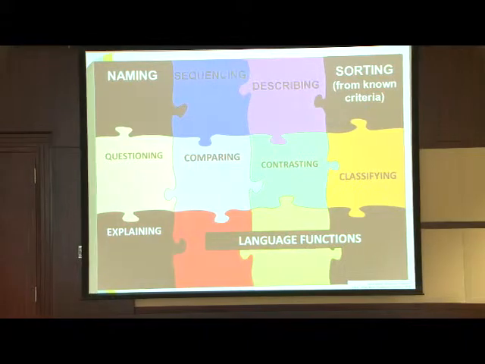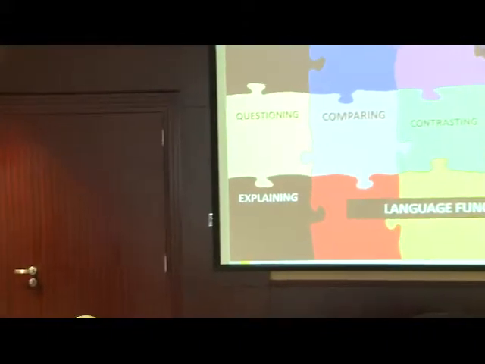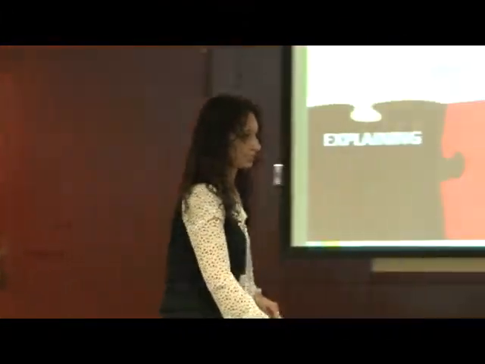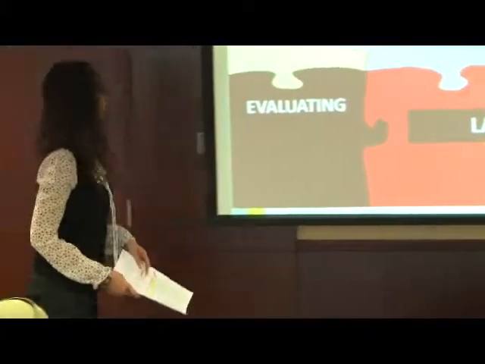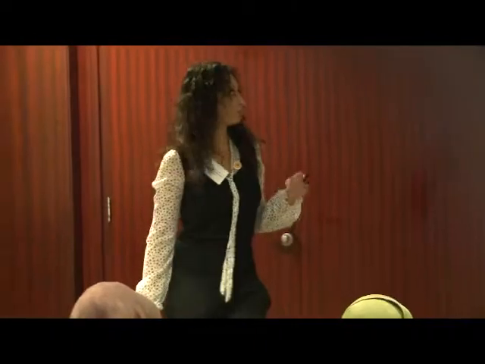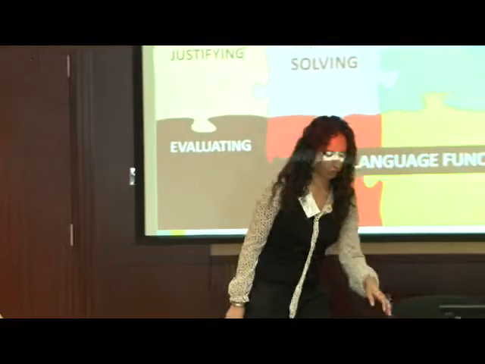If you looked at any EAL program, naming, sequencing, describing, sorting would be the first areas that people would generally teach. Moving into the higher order language functions: justifying, problem solving, analysing, ranking. And all of these language functions have particular skills and particular language structures around them which need to be taught explicitly to students.